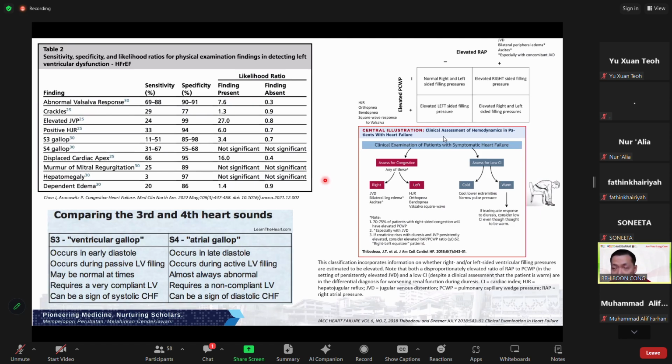So SGLT2 is class 1, and then class 2 is your ARB, not ACE inhibitor or ARNI. You can use the ARB, then switch to ARNI, then your MRA. So out of the four pillars, they can only use three for HFpEF.